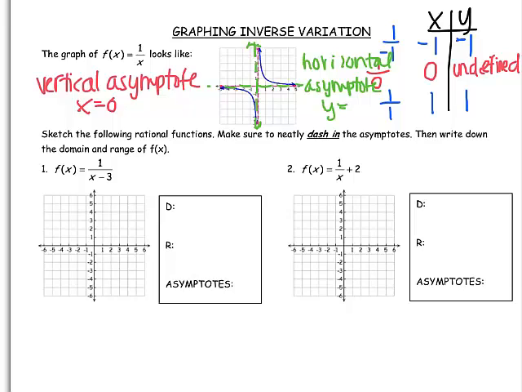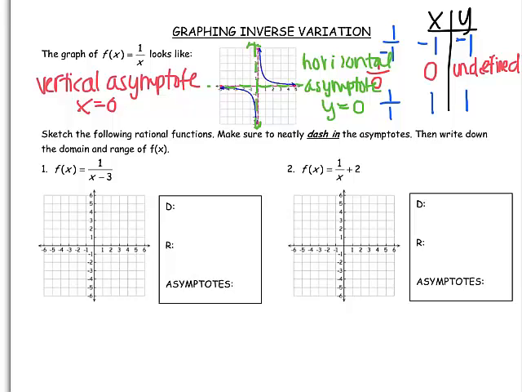So you are never going to output 0. Whenever we do these graphs, we're always going to draw in the asymptotes first. The vertical asymptote is going to come from the bottom of your fraction, and the horizontal asymptote is going to come from the outside of your fraction.